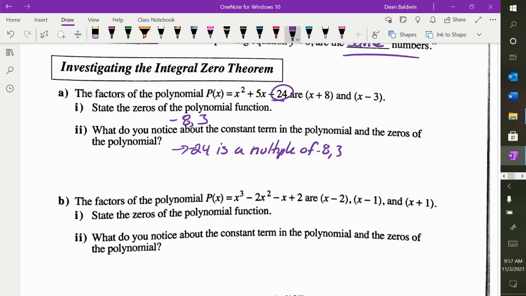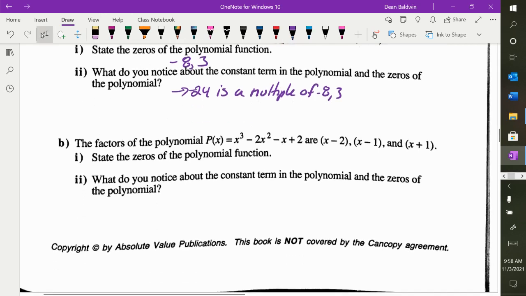Okay, so now if I extend this to a cubic function, the factors of this cubic function are x minus 2, x minus 1, x plus 1. What are the zeros of this? 2 and plus or minus 1. What do you notice about those and this number?